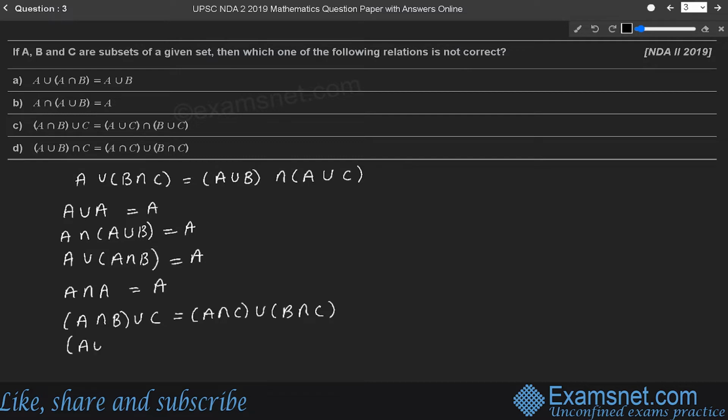Also, A union (B intersection C) is equal to (A union B) intersection (A union C).